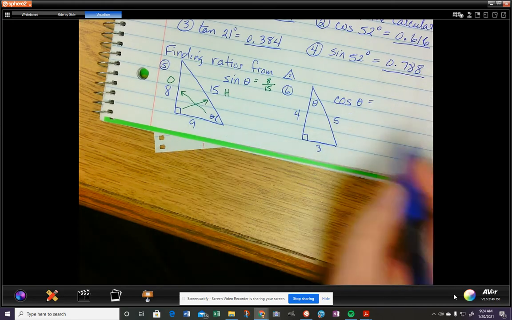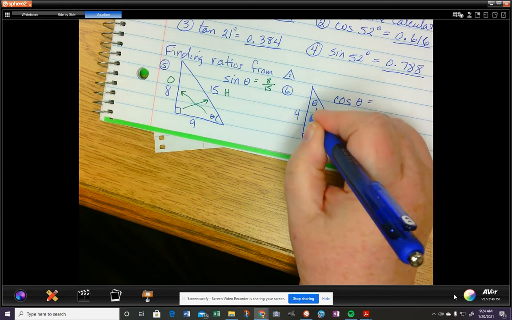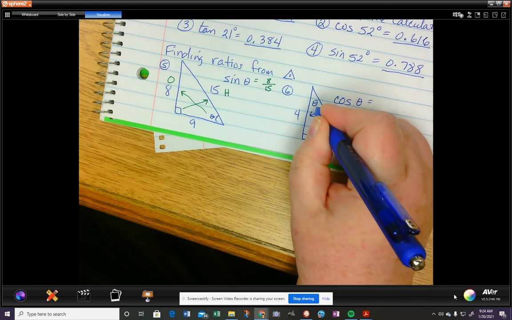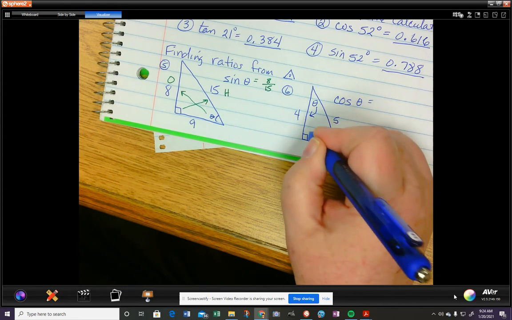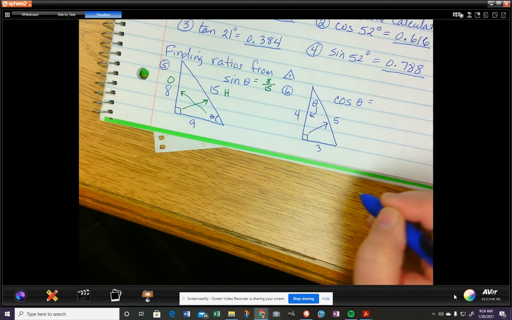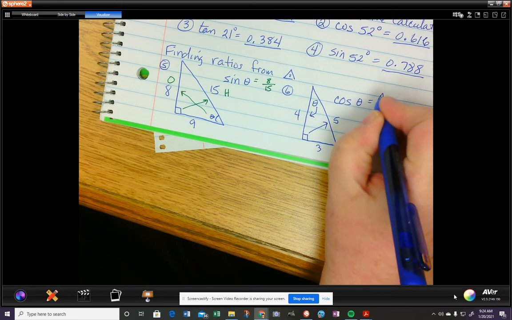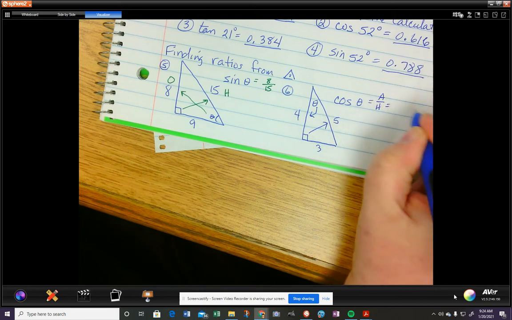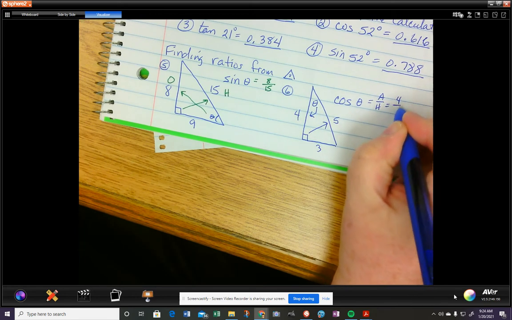Cosine was adjacent over hypotenuse. So adjacent over hypotenuse, which equals 4 over 5.